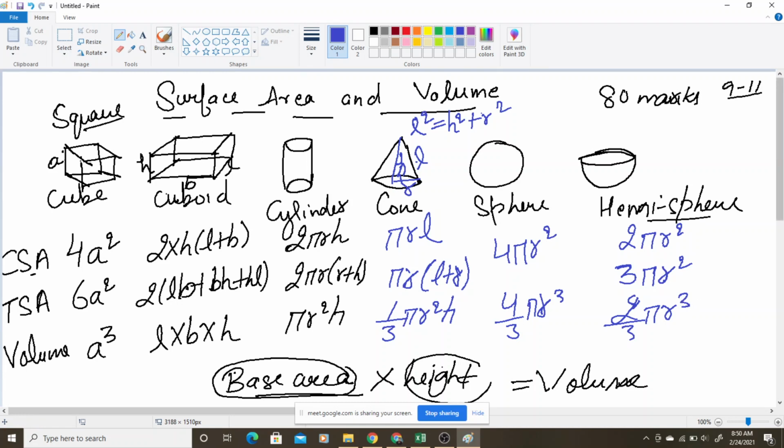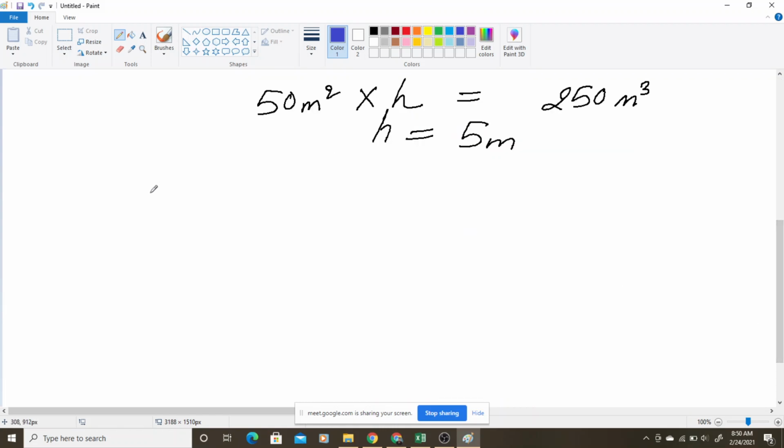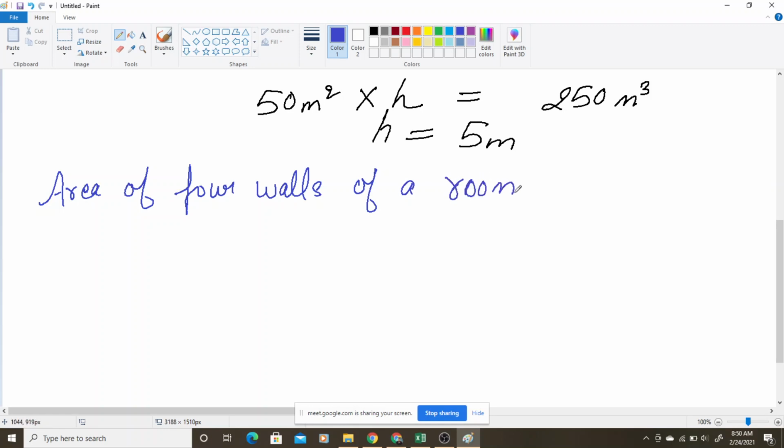Now coming to question part, question में कैसे कैसे आ सकता है, how you can see a question. Now just see, if I am writing one question, that area of 4 walls of a room is 80 meter square.